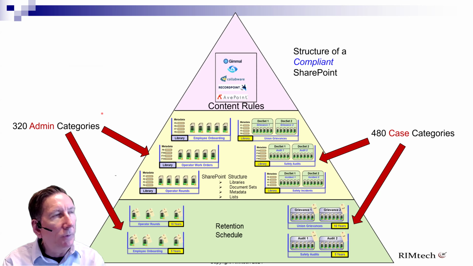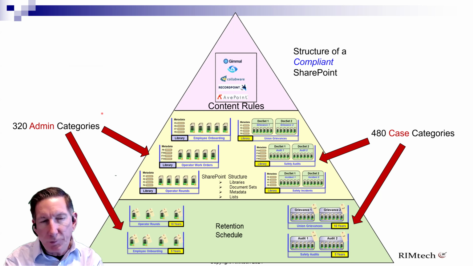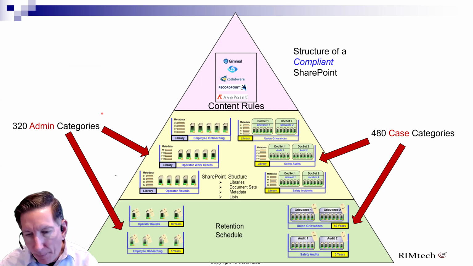You have union grievances, more cases, investigations, more cases. So cases just grow like mad. They're highly dynamic. But the libraries are not. You have union grievances, that's one library, but the actual grievances themselves are cases within that library.